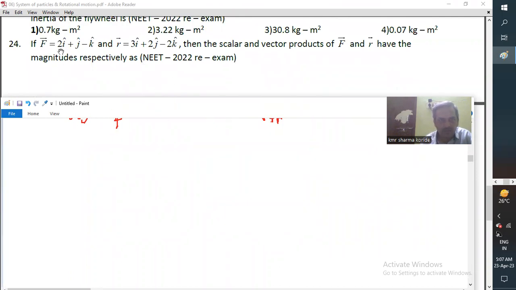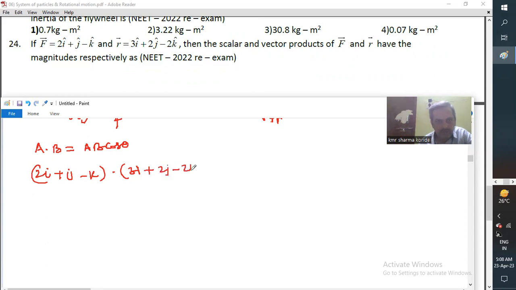We need to find the magnitudes of both the scalar and vector products. So get back the formula of the scalar product. A dot B is equal to AB cos theta. Here A is like R and F is like B. So 2i plus j minus k dot 3i plus 2j minus 2k.